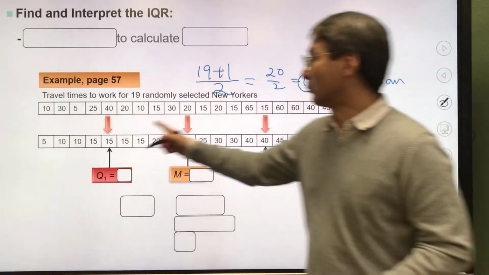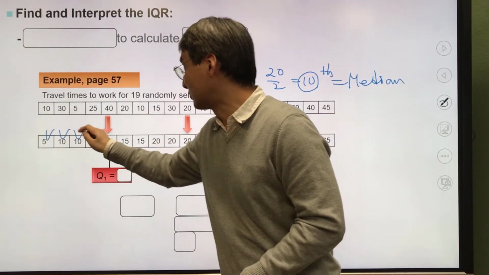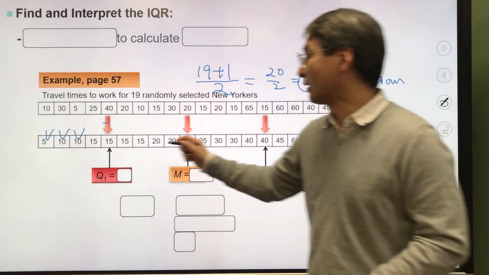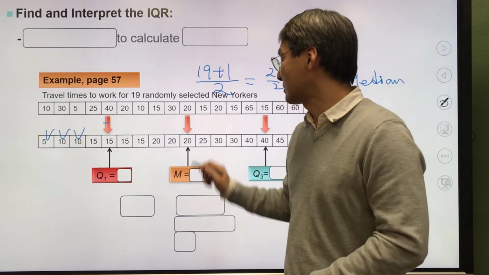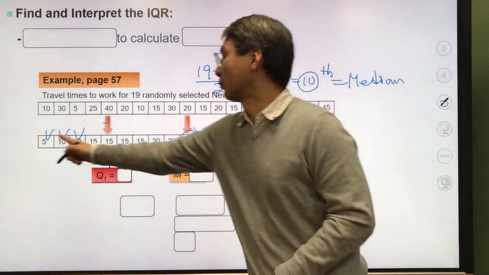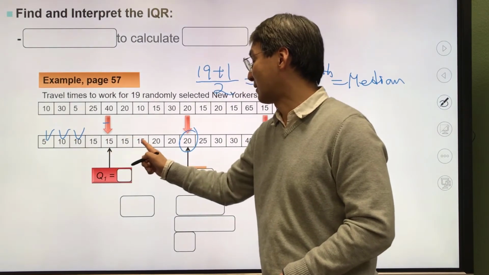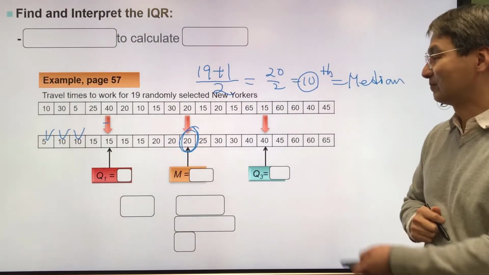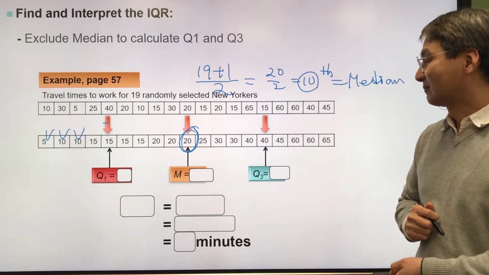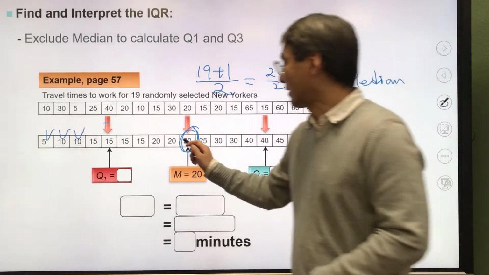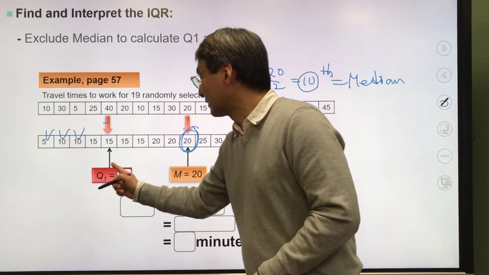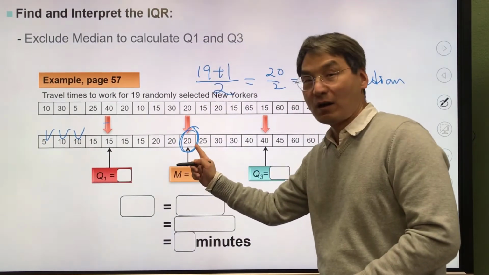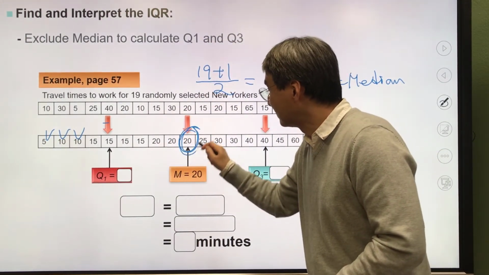Don't forget to rearrange them first, and then we count the data points right there. 1, 2, 3, 4, 5, 6, 7, 8, 9, 10. This is exactly the median. Good. And then how can you find Q1? You should be careful of counting this point.